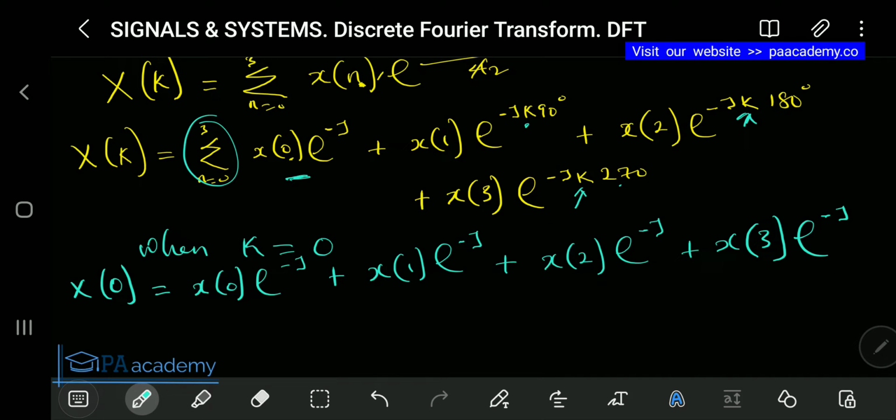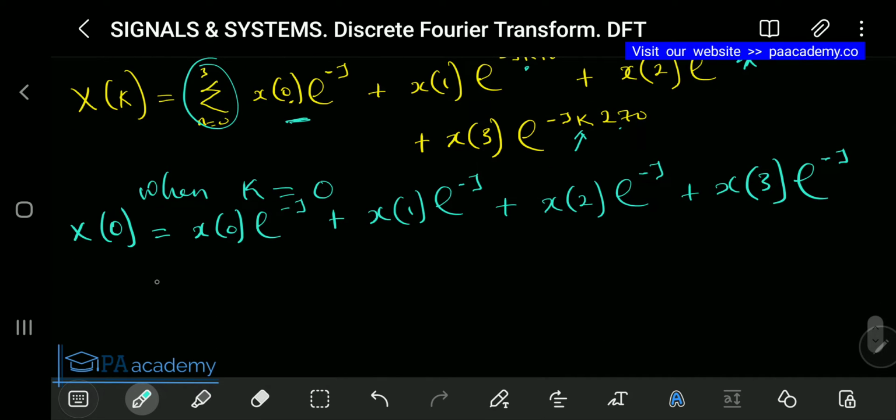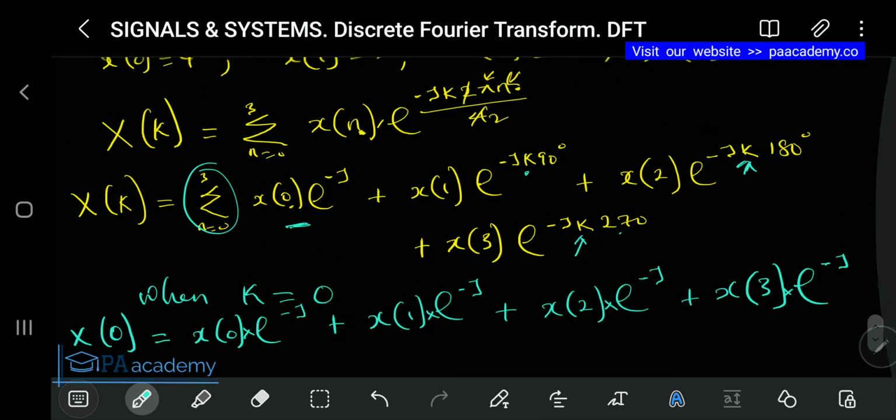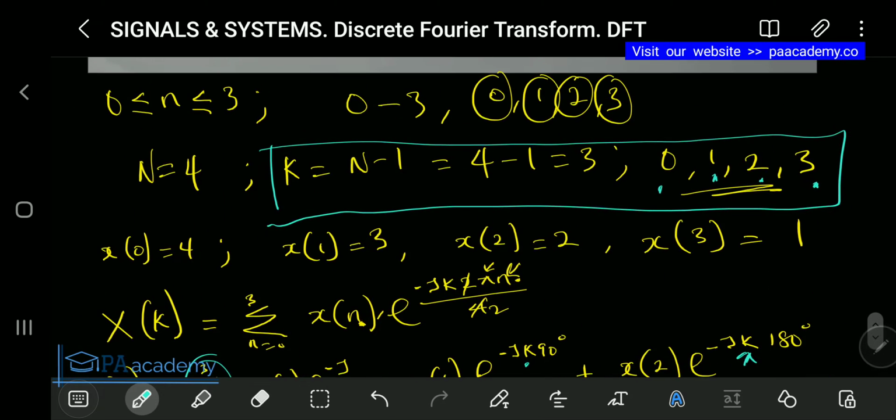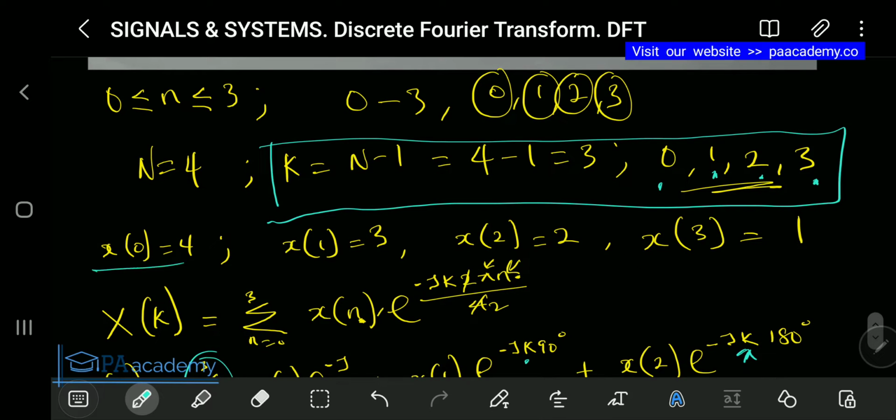All right, so now let's tidy this up. Now our x of 0, and don't forget I said as we're having x of 0 exponential, before the exponential we are having more like a multiplication here, even though we are not writing it. So let's go back to the question. You can see here, our x of 0 is 4, x of 1 is 3, x of 2 is 2, x of 3 is 1.